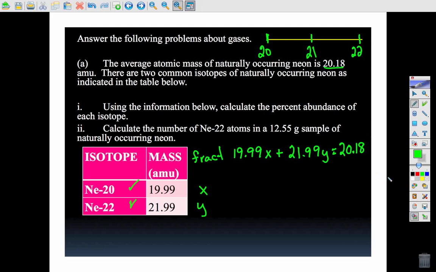And do you notice that what's on the periodic table is way, way down here? So you think again of the teeter-totter. The 20 must be weighted more heavily. So I expect X to be actually quite a bit greater than Y, whether we're talking about fraction or the percent.